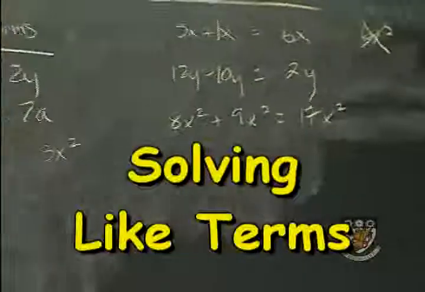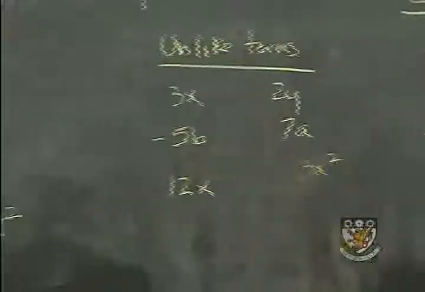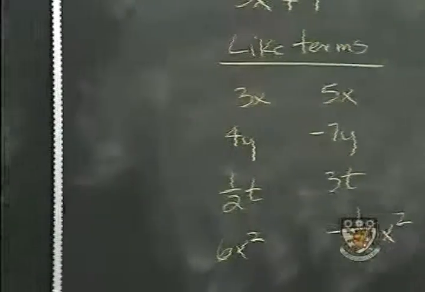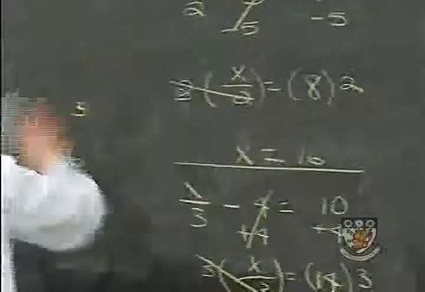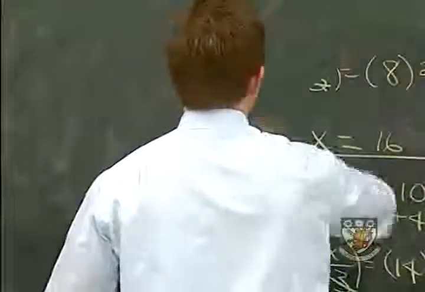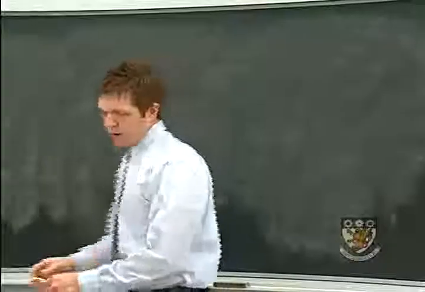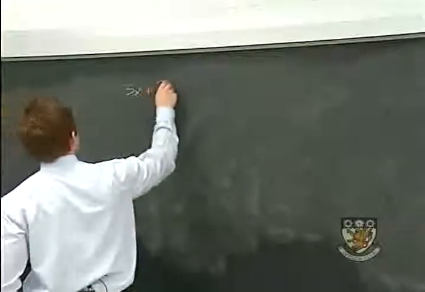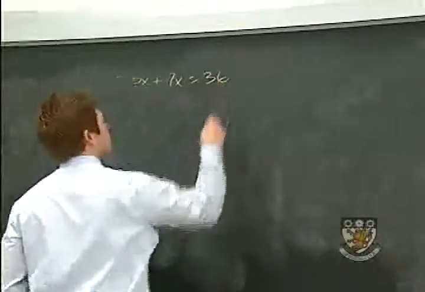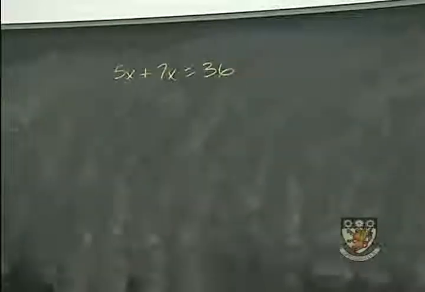Now we're going to do a couple problems using combining like terms in multiple step equations. First we have 5x plus 7x equals 36.